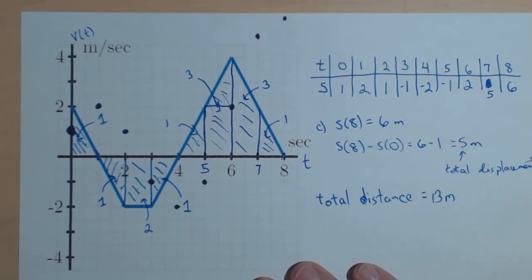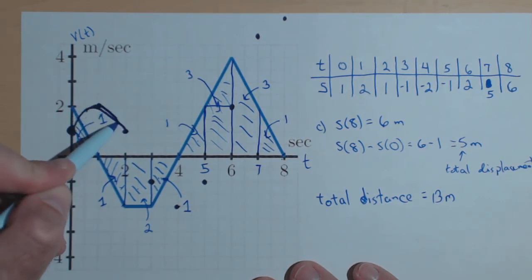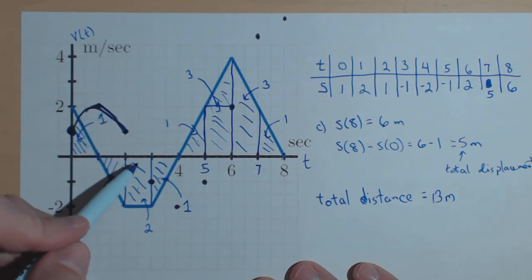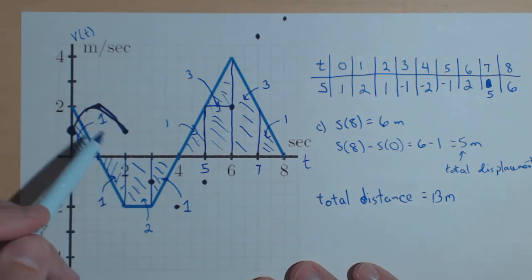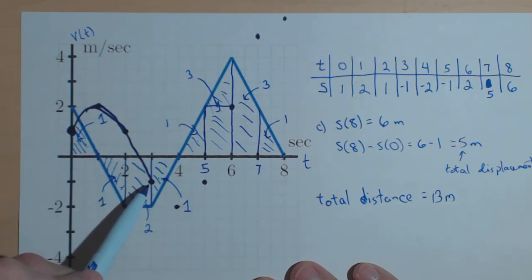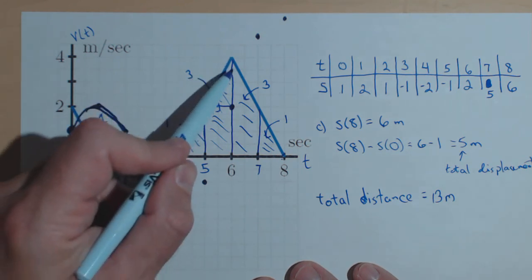Now, this graph's going to have some concavity, and the way we know the concavity is by what's going on with our function. Notice here we have a decreasing rate of change between 0 and 1. We would expect our graph to be concave down. Here we have a constant rate of change, so between 2 and 3 we'd expect our graph to be linear and decreasing. Here, look at that, we got an increasing rate of change.